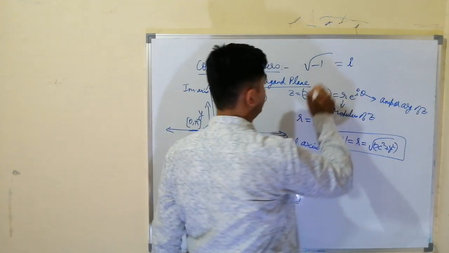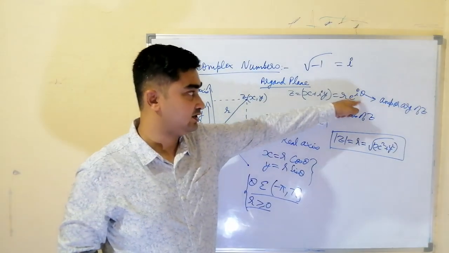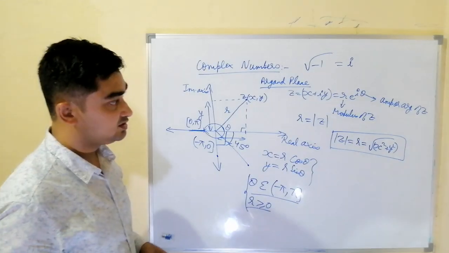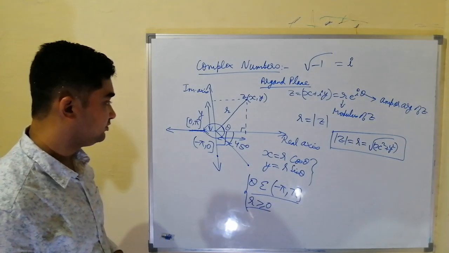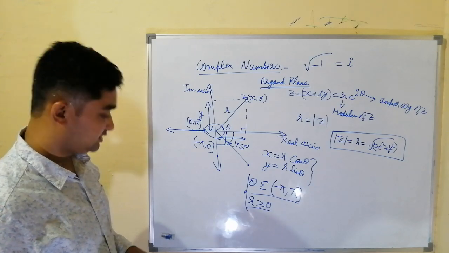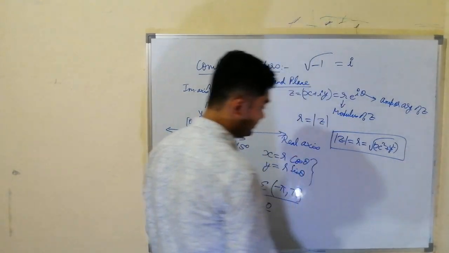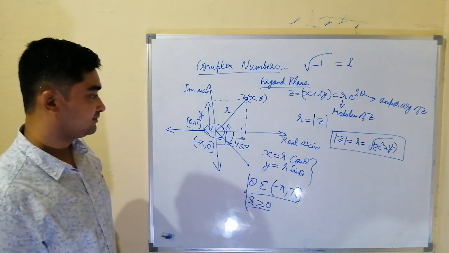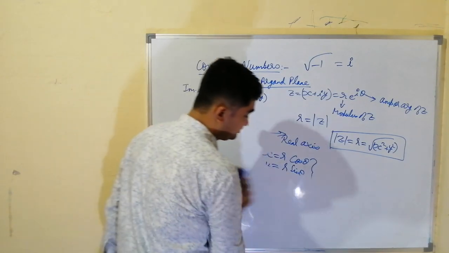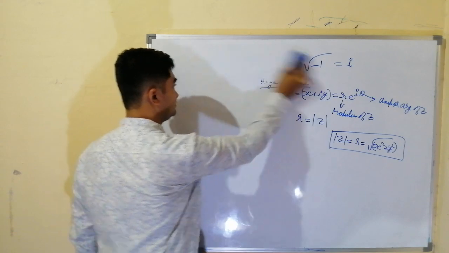Under root of minus 1 is iota. So this is x plus iota y, which can also be written in Euler form, where r is modulus and theta is amplitude or argument of z. Right? So this is the basic about complex numbers: what is a complex number, what is argument, and what is modulus. The modulus is never negative and argument is between minus pi to pi.